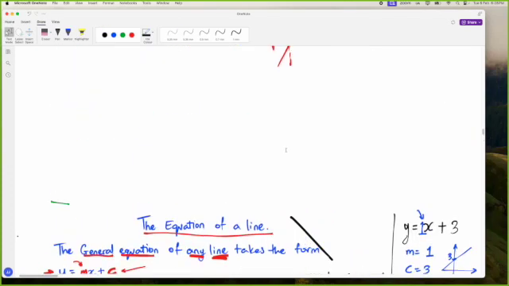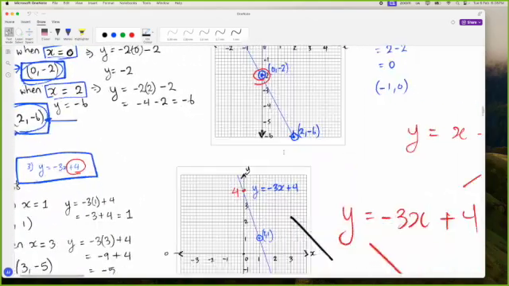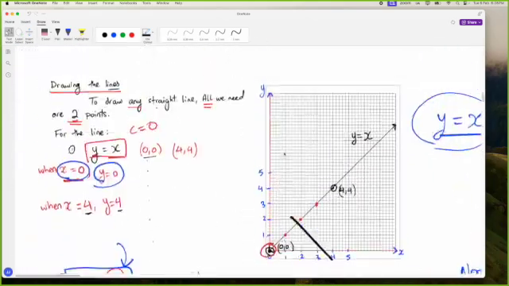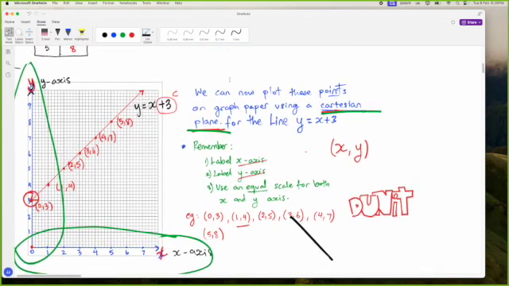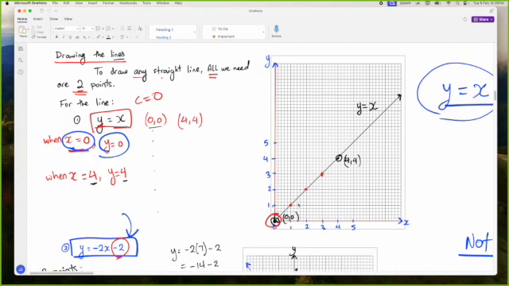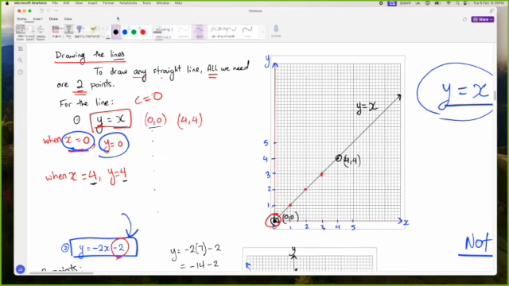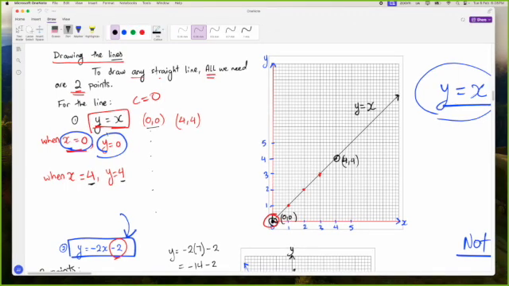Let me check back at all of the graphs that we saw last class. You can see last class, m is positive 1, so the line is sloping so. In this case, we have the line y equals x. m is positive, and so the line is sloping that way.